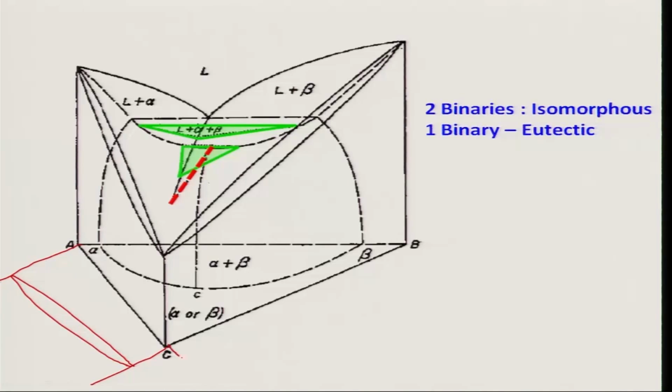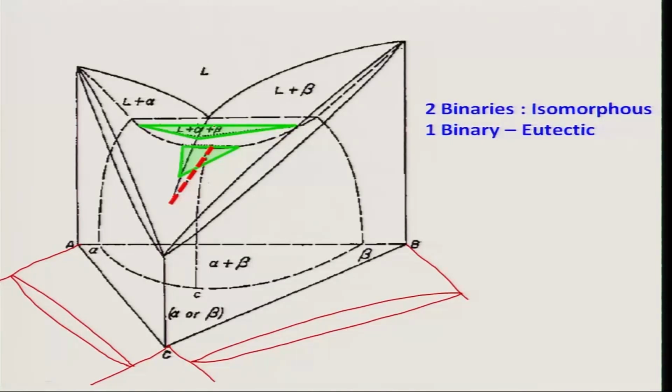Then you have another binary BC that is also isomorphous, and the third binary, which I am not drawing, has a eutectic reaction, liquid going to alpha plus beta. This will lead to three-phase equilibria between liquid plus alpha plus beta, correct. And as I told you, the three-phase equilibrium can be represented by a tie triangle, that is what is shown here, liquid plus alpha plus beta.